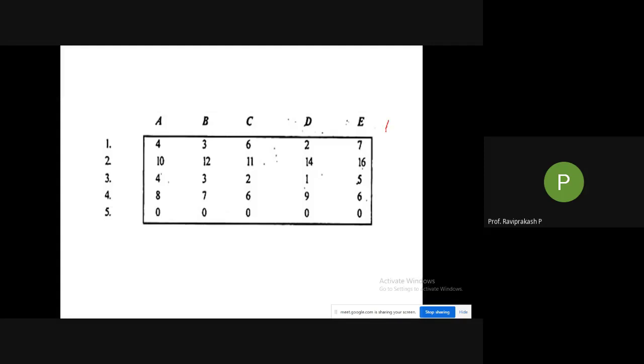So just write the row minimum. What is the row minimum? Here it is 2. Here it is 10. Here it is 1. Here it is 6. And the last is 0. So what you need to do? You need to subtract this particular value from all the other values in that corresponding row.